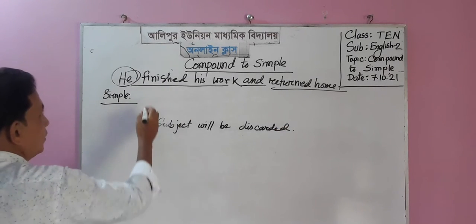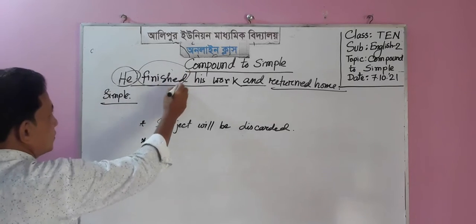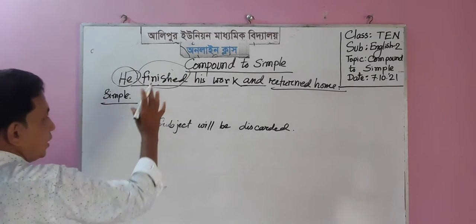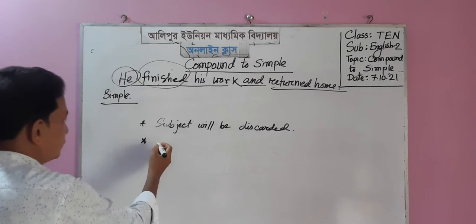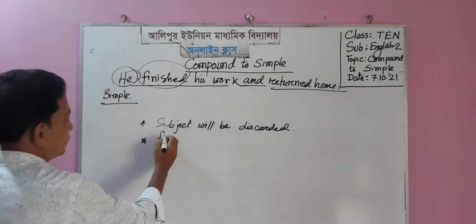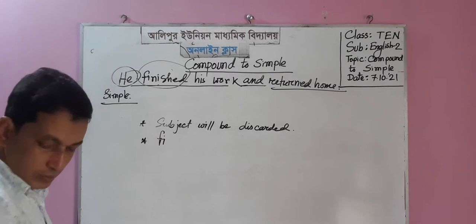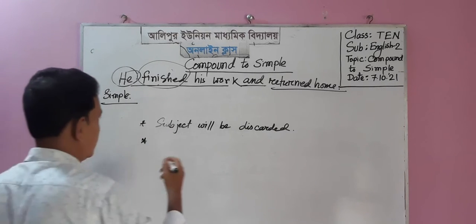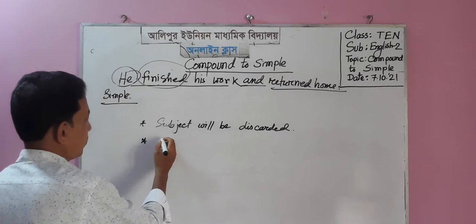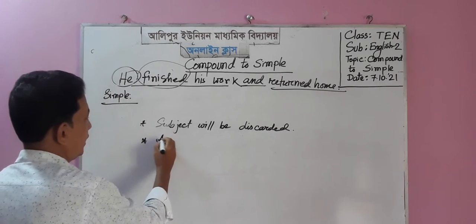Number 2, the main verb of this sentence is finished, and we have to change the main verb into present form. Finished is finish.